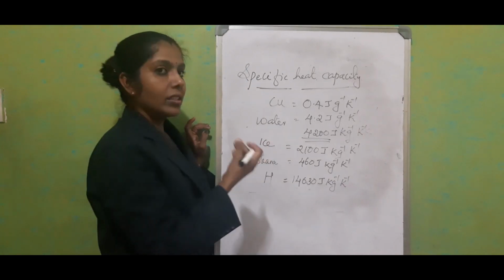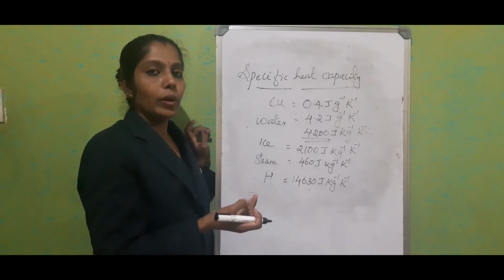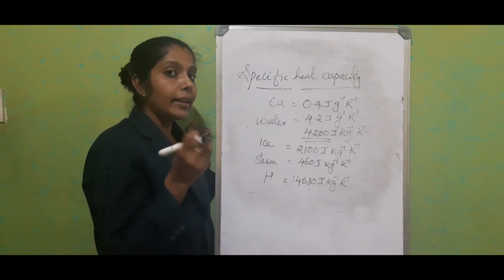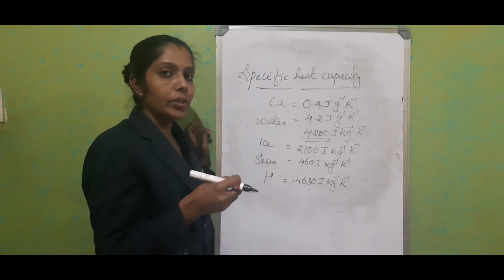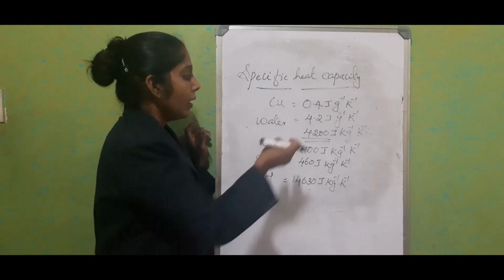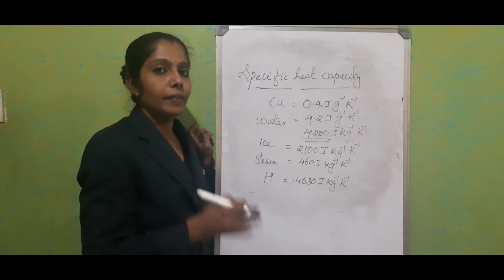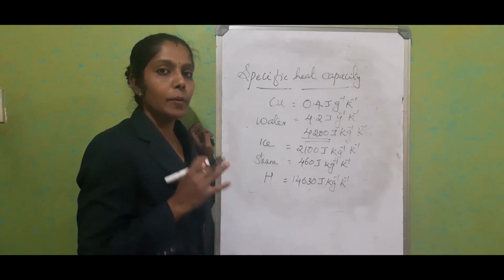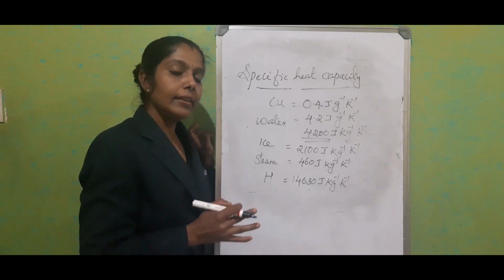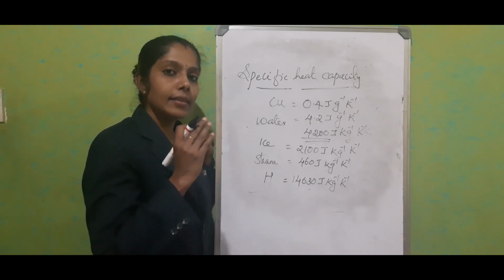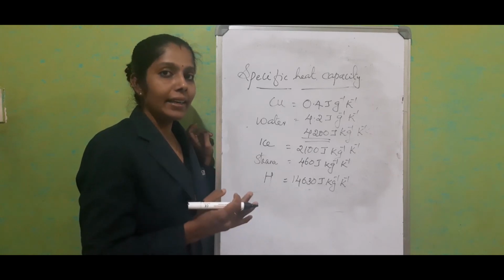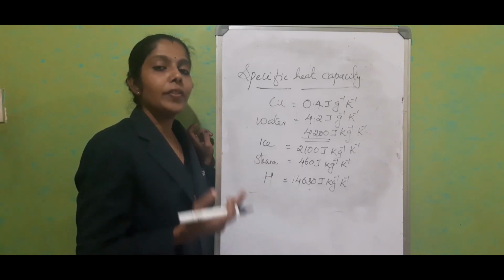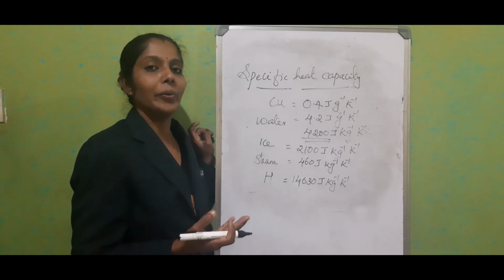If we see sea water and fresh water, the content varies, as the presence of salt is there, so the specific heat capacity will also vary. One thing you have to keep in your mind: if it is a good conductor, the specific heat capacity is less, and if it is a bad conductor, the specific heat capacity of that particular material will be more.